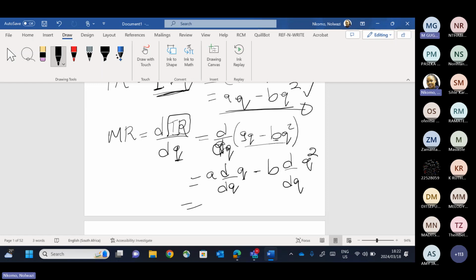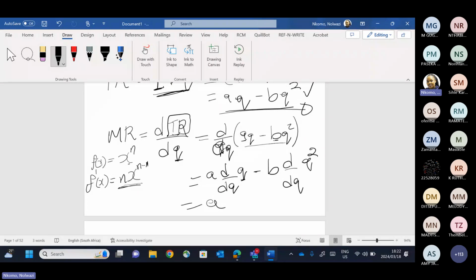Rule 1 is: if f(x) equals x to the power n, then the derivative is n x to the power n minus 1. If you compare these two, you can conclude that your n is 1. So where there is n, put 1. If you do that, this is what you'll obtain.